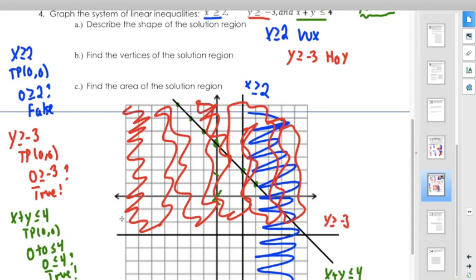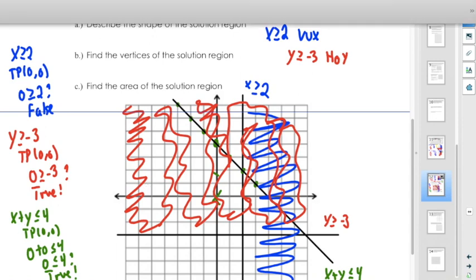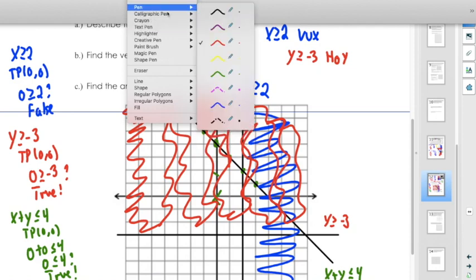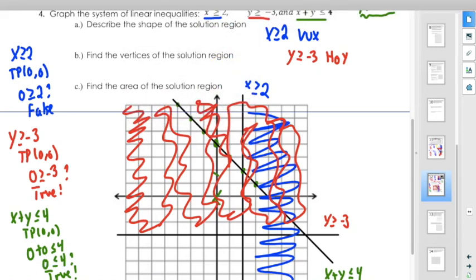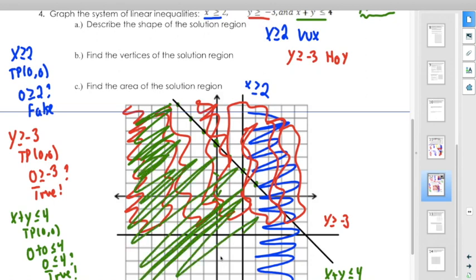Last one. X plus y is less than or equal to 4. So let's see. This was true, which means I'm going to shade towards my test point, which is everything to the left of this line. Right, everything going this way.